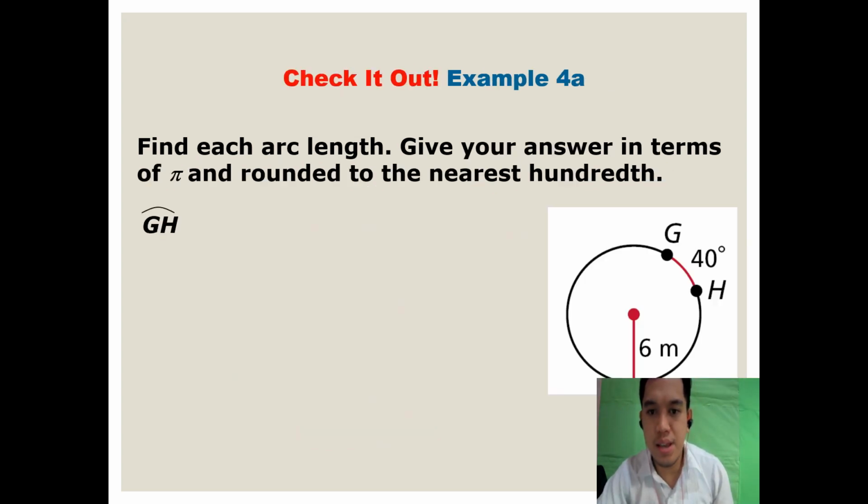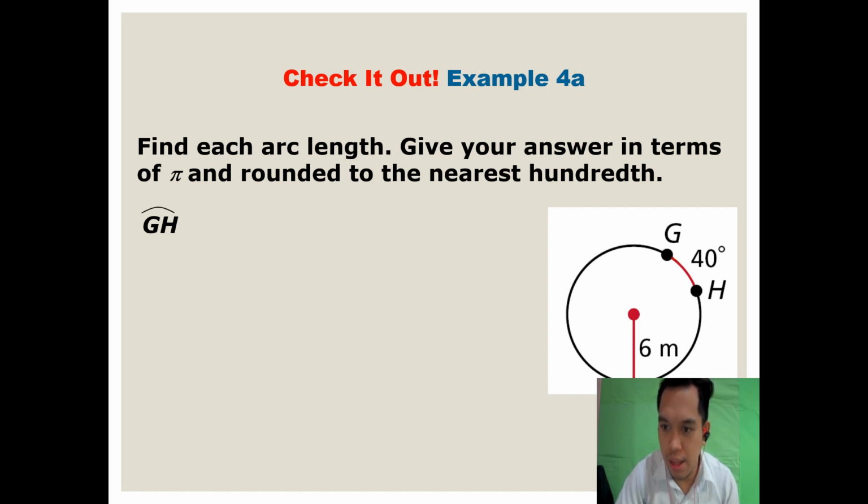Okay, so next example, find the arc length of this following figure. Ito. So give your answer in terms of pi and rounded to the nearest hundredth. Okay, so we need to find the length of arc GH. Ito, yung arc GH natin, this one.